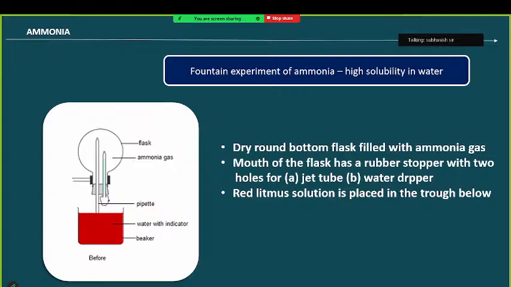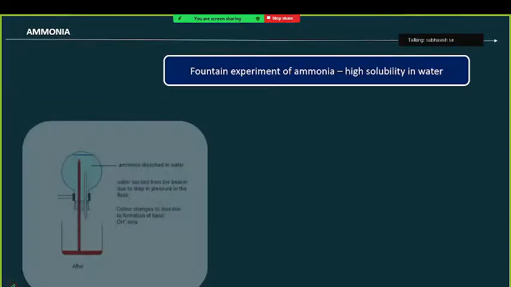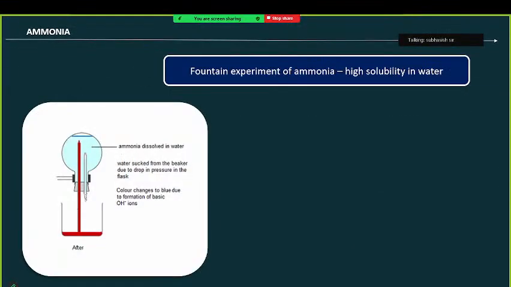So the red litmus solution goes through this jet tube and is converted into blue.